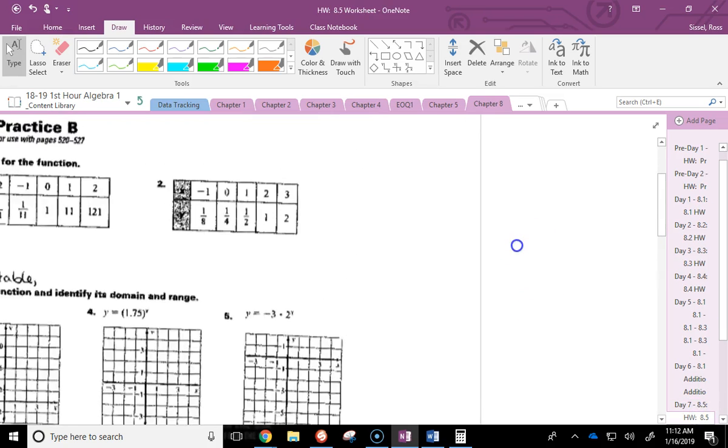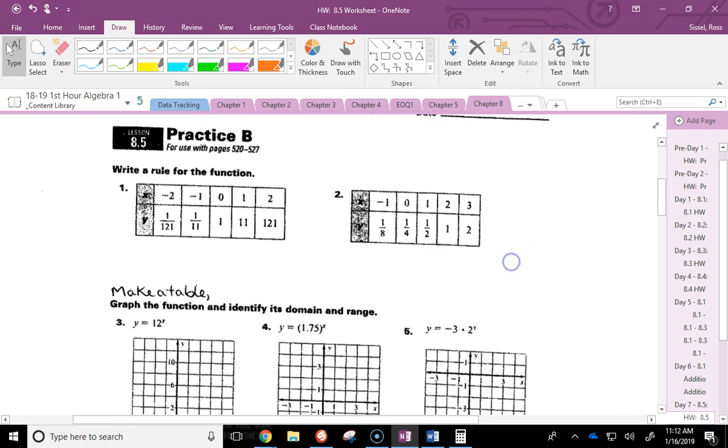Okay, homework. So I'm going to look at your homework real quick with you. Here's your worksheet. Write the rule. Okay, so write the rule for the function. Remember, to do so, what is this going up by? It's going up by 1.